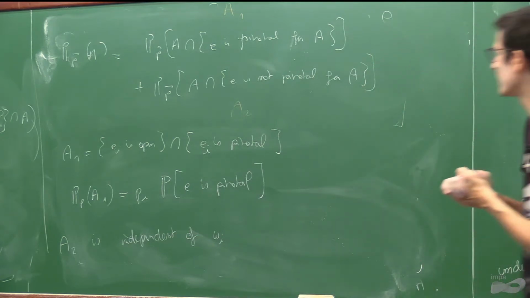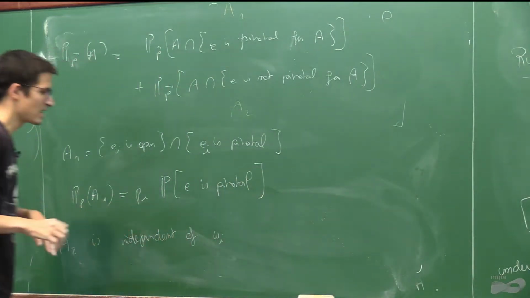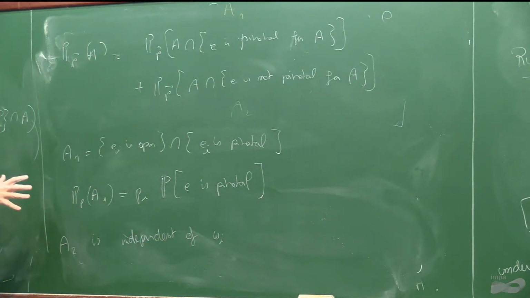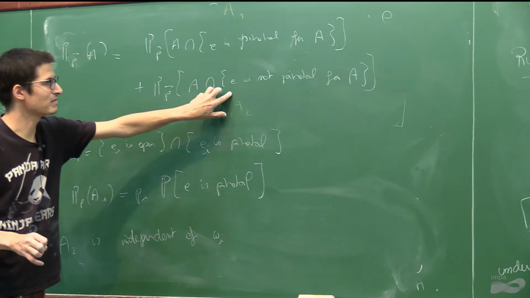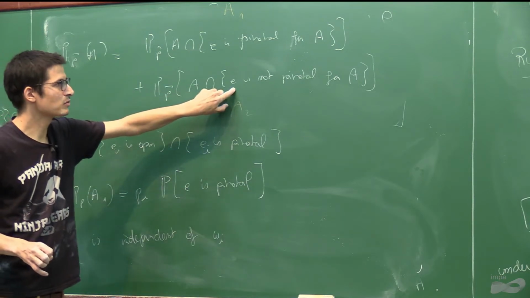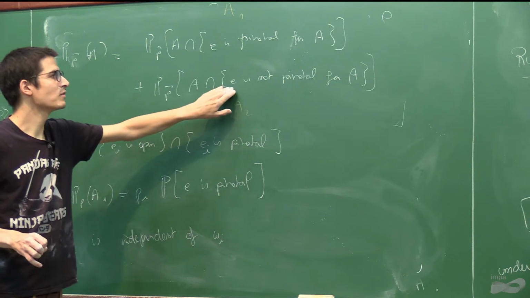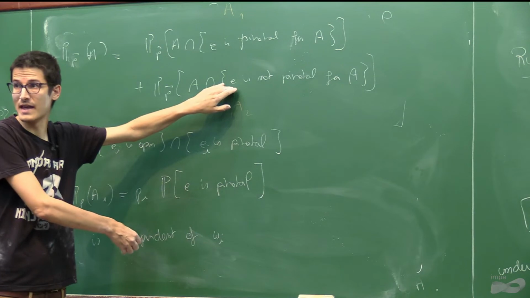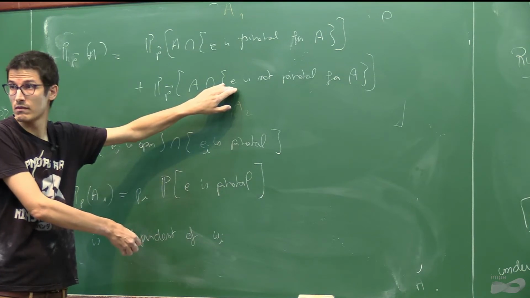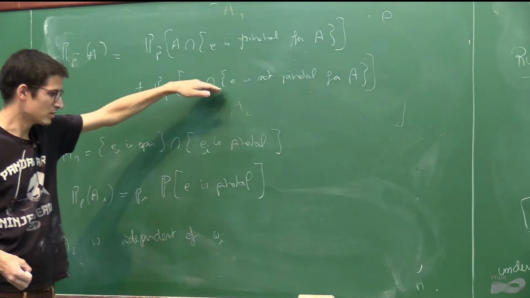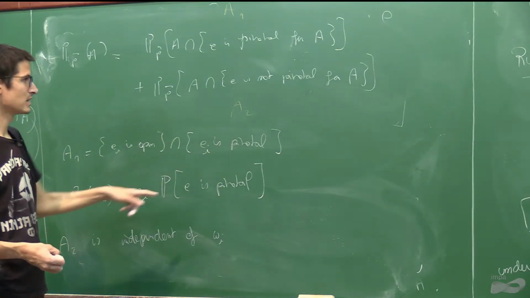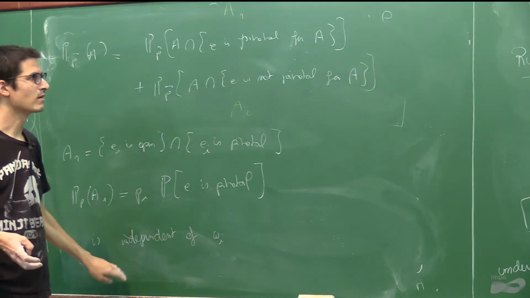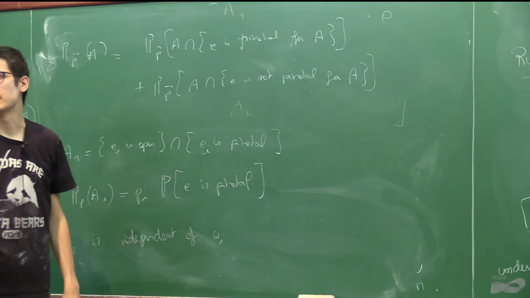Because if I fix the configuration outside of e_i, and if I know that A is satisfied because e is not pivotal for A, I know that it's satisfied even when omega_i is equal to 0. So it is satisfied in both cases, meaning that A2 is independent. So in particular, it's a polynomial where p_i does not appear.